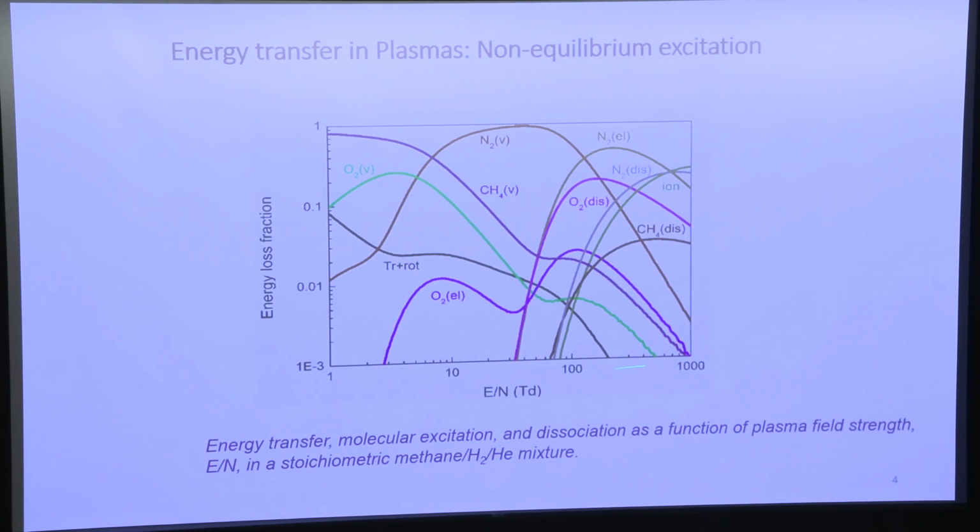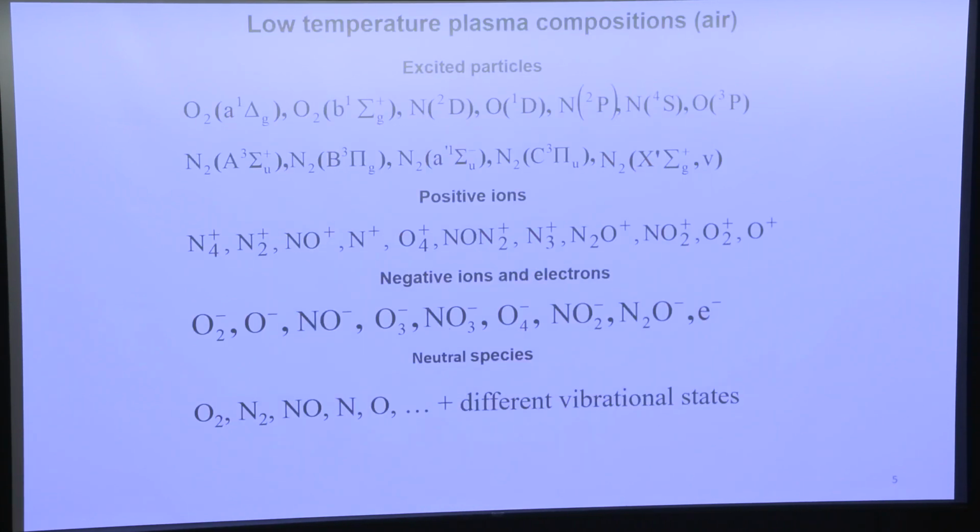At a high electron energy, you get dissociation, electronic excitation, and ionization. So these are the plasma properties. In air plasma, you can see a lot of electronically excited states of oxygen and nitrogen, ions, negative ions, and many intermediates. These need to be considered, but fortunately, not all of them are important. Only a few of them are really important.